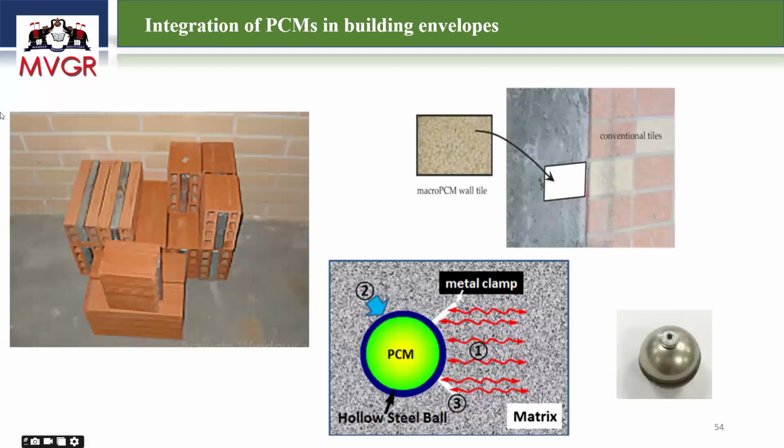If you put these macro encapsulated PCM materials over brick, or put the encapsulated materials into the plaster, then during the morning when it is exposed, it absorbs the heat and stores it, and does not allow the heat into the interior parts.